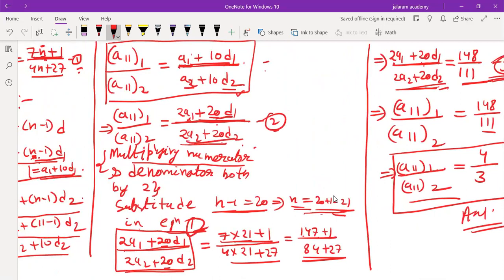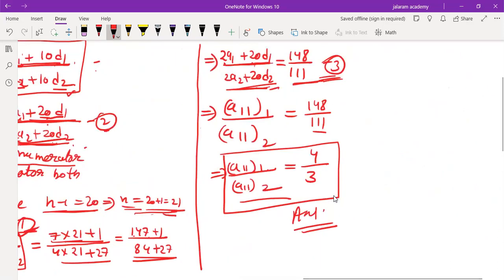So we have replaced it with that: 148 by 111. Both are divisible by 37, so it gives 4 by 3. So the 11th term of the first AP is to the 11th term of the second AP is 4:3.